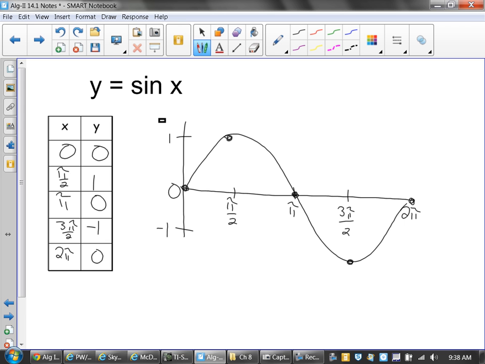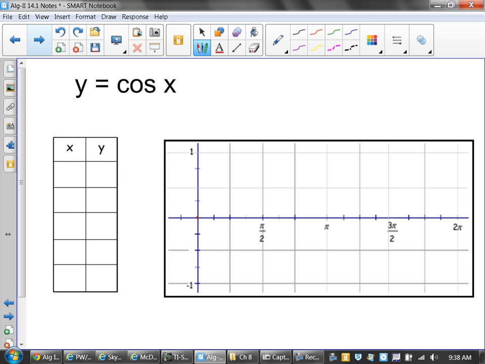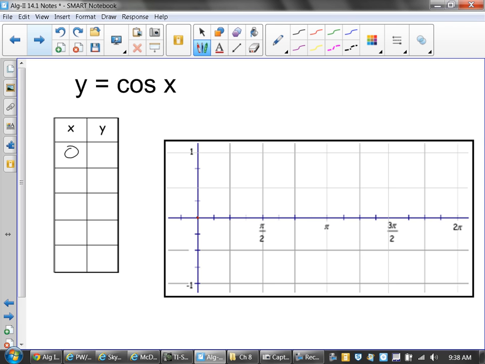So what we're doing here today, guys, is looking at some very simple tables. At 0, y is 1, at pi over 2 it's 0. Hopefully, with the tables you were working through with the unit circle, you would have seen that nice little way it was working out.